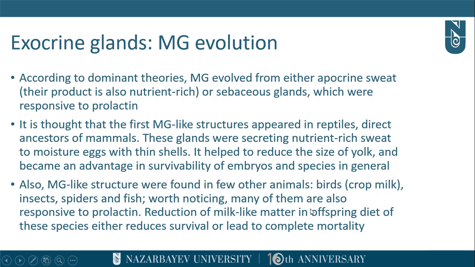Some structures closely related to mammary glands are found in other animals like birds, spiders, and fish. Interestingly, a reduction in milk-like matter in the offspring diet could cause either a reduction in survival or lead to complete mortality.